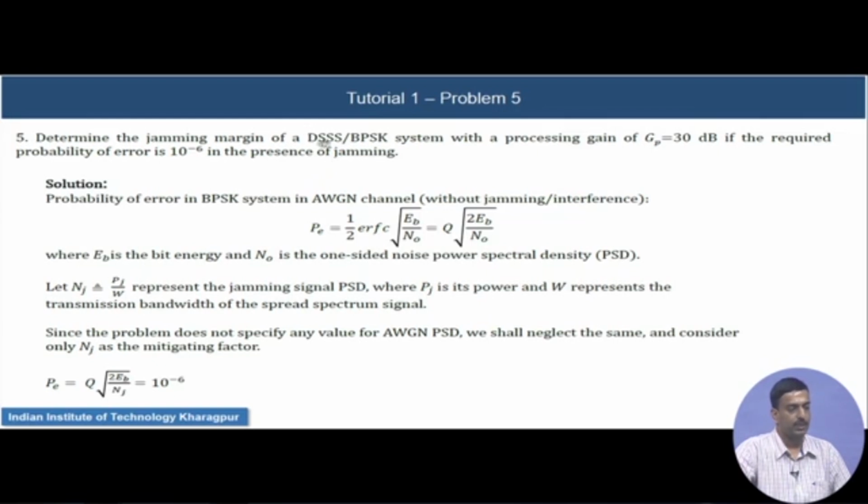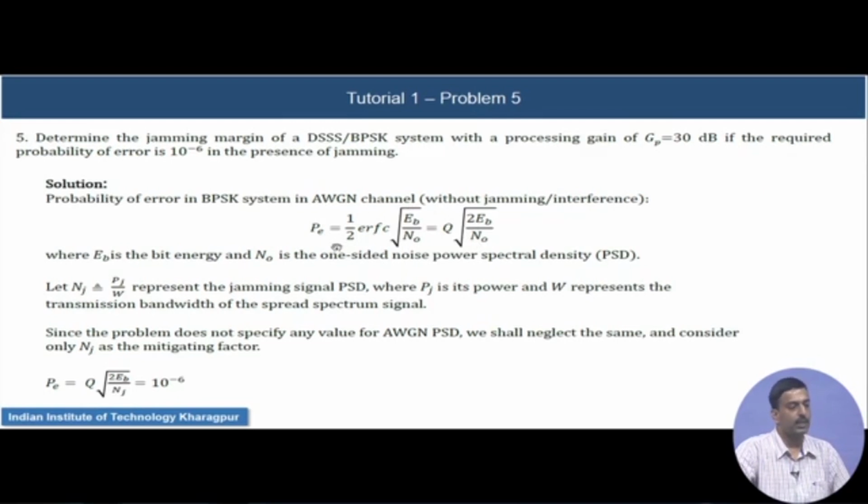So we have a BPSK system, and therefore we begin the solution by invoking the definition of probability of error for a BPSK system in an AWGN channel, specifically without considering any other interference. From the standard relationship derived in well-known textbooks, we have probability of error given in terms of the error function or equivalently in terms of the Q function.